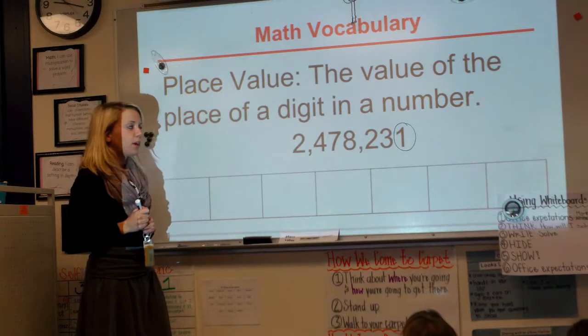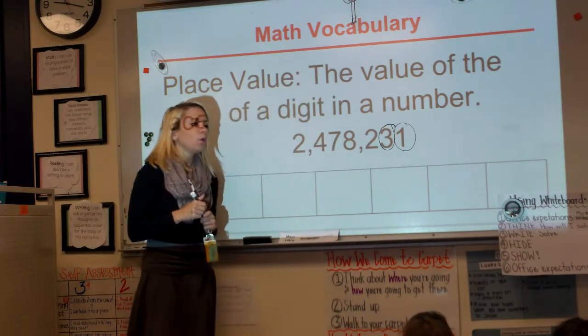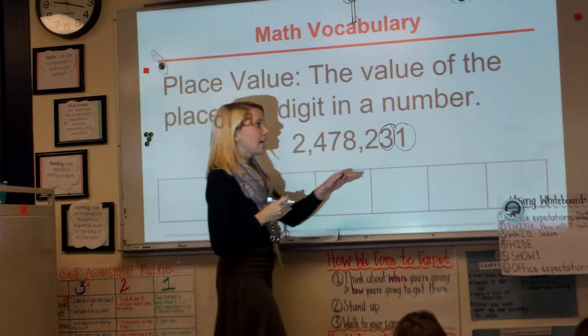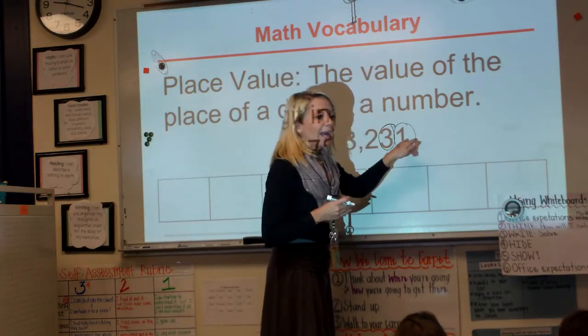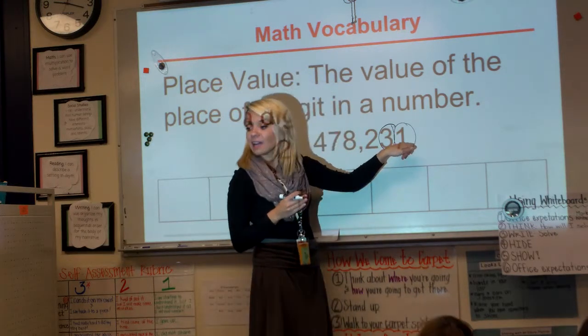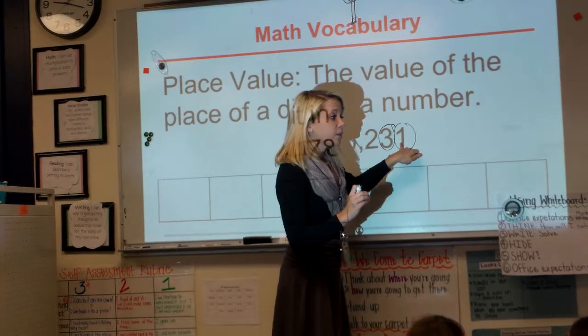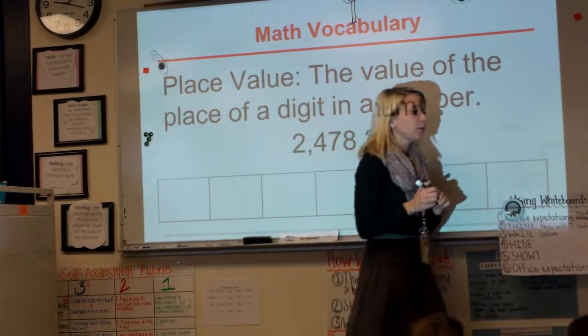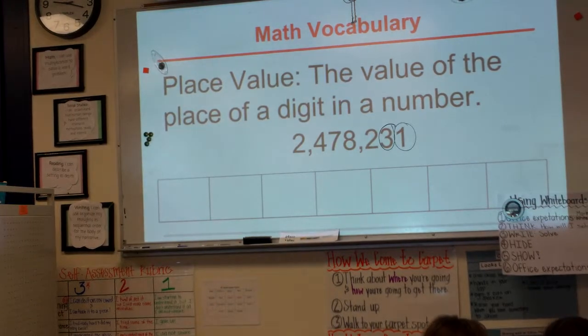So talk about that with your elbow partner. What place value is the 3 in? Remember, I'm not asking you to tell me what the entire thing is worth. I'm just asking you to identify the place value spot. So go ahead and turn and talk with your elbow partner for all digits within the number.